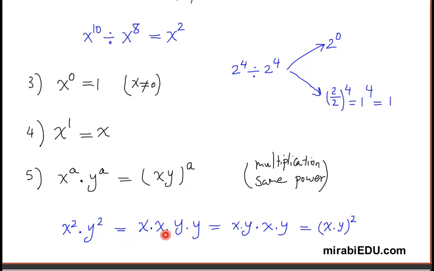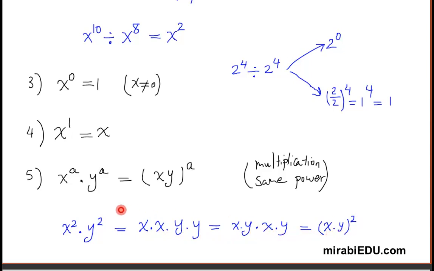We can rearrange the elements of multiplication because of the commutative rule, and in multiplication we can change the order of the elements in every way we want. So we can say x times y times x times y, and then rewrite it as x times y, squared.